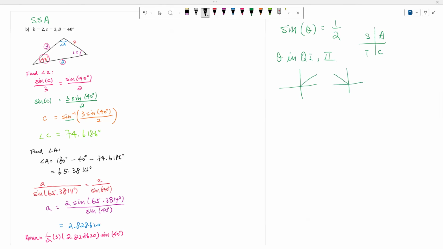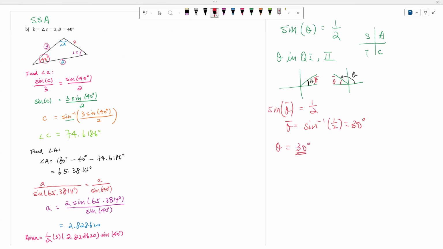So I have this angle here, and I also have this angle here. Now we know the reference angle, theta bar. If sine of theta bar is 1/2, then theta bar is sine inverse of 1/2, which is 30 degrees. So the first angle will be 30 degrees.